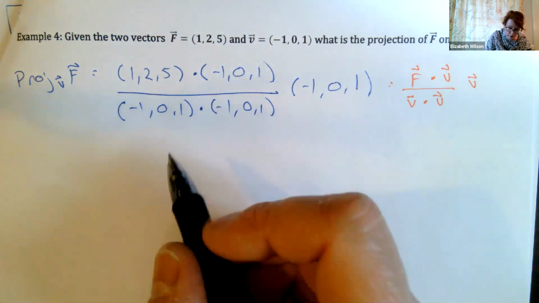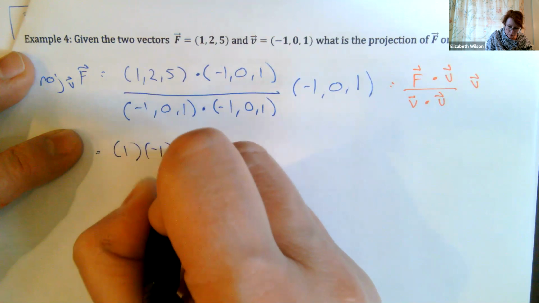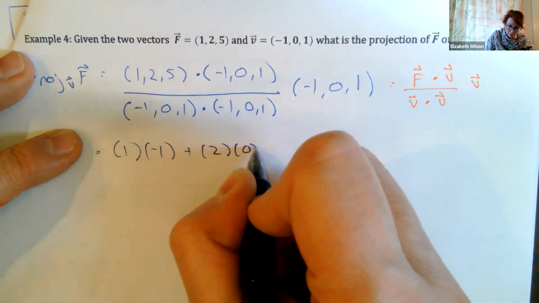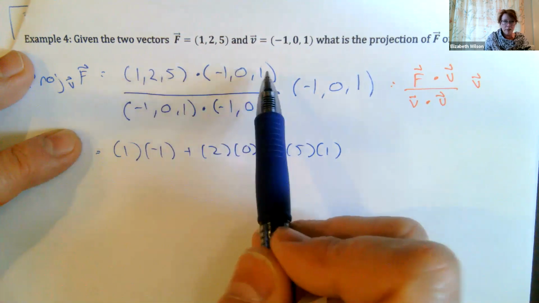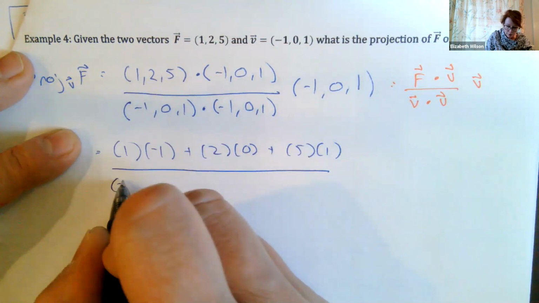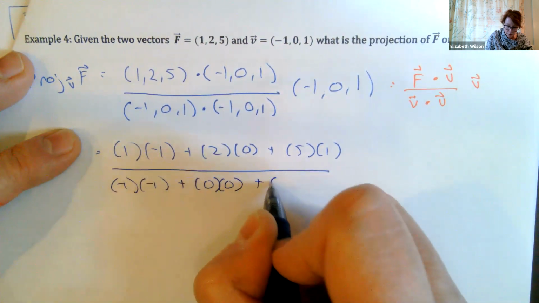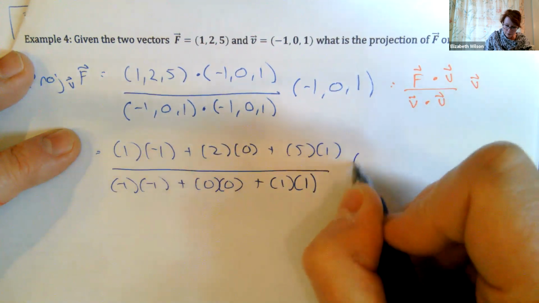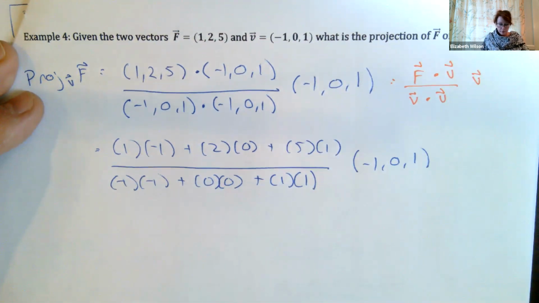Okay, so let's go ahead and do it out. So the dot product: 1 times minus 1 plus 2 times 0 plus 5 times 1. See, I multiplied corresponding components together and I'm adding them up. I'll do that down here. So minus 1 times minus 1 plus 0 times 0 plus 1 times 1, times our V. So let's see what we get.